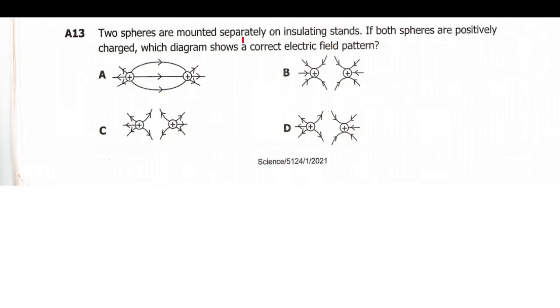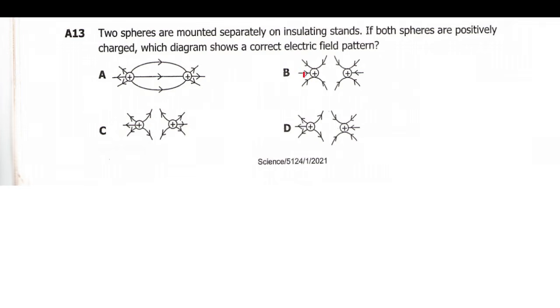If they are positive, then the field must be coming from the charge and they must be repelling. So since they are both positive, the field must be coming from the charge, going outward. Here it is also supposed to be going outward, but now here it is going inward. So this is not true.